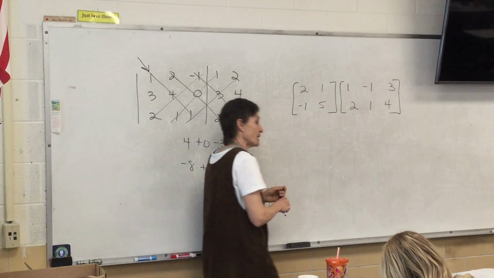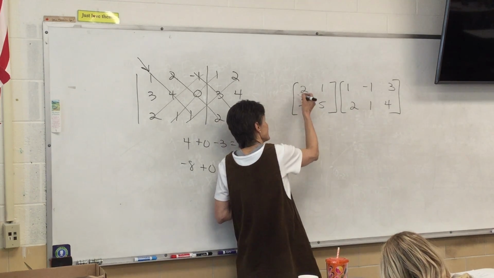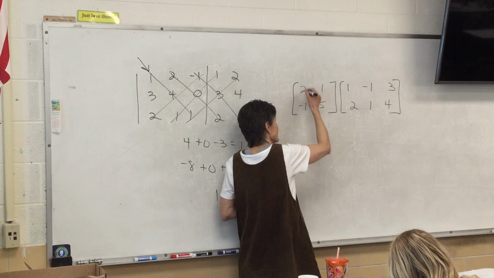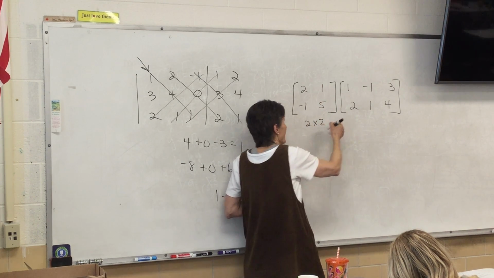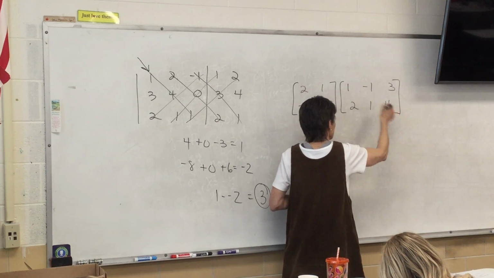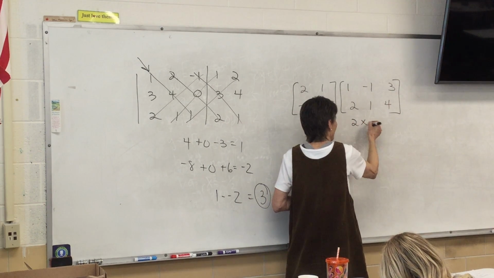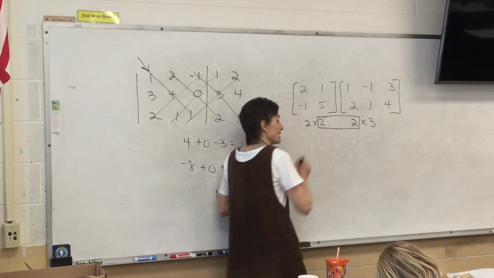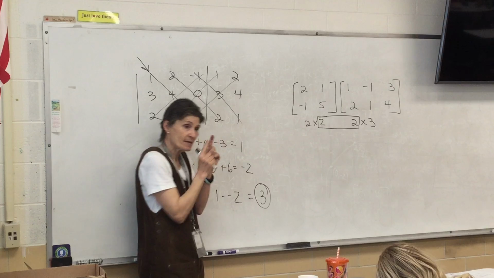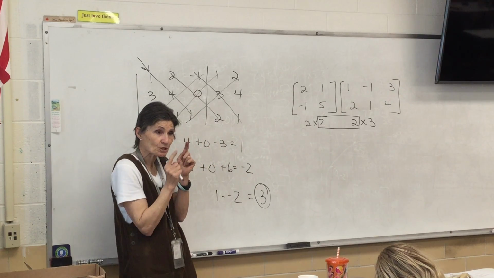This time you can, because the dimensions of matrix A are 2 by 2, and the dimensions of matrix B are 2 by 3. And the rule for multiplication is the inside ones need to match.